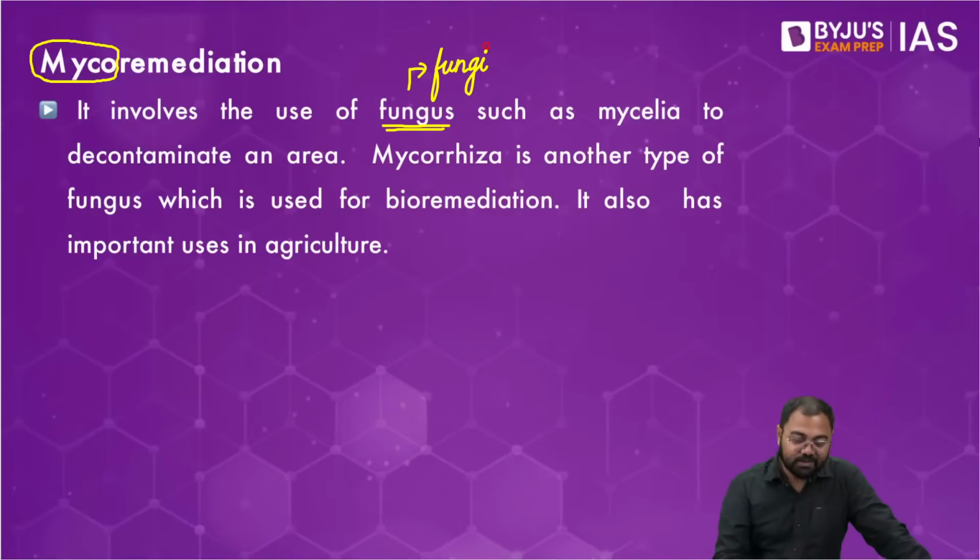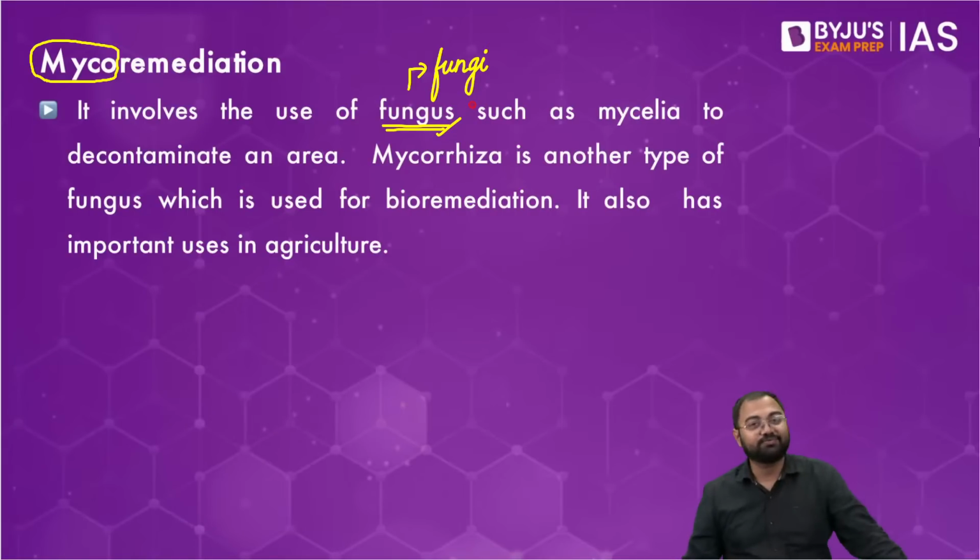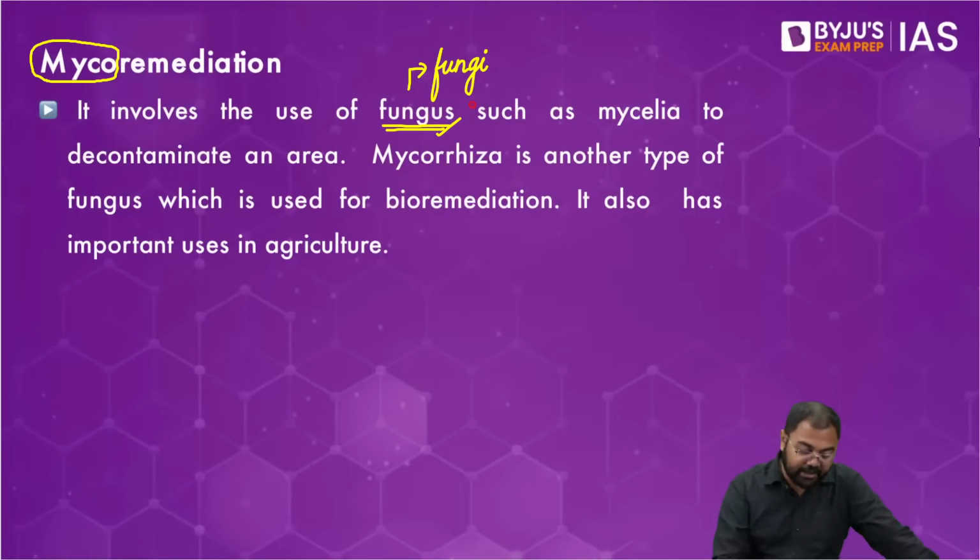So whenever we are making use of fungus for any kind of remediation technique, we say that it is mycoremediation. And we know that they are very useful, especially in agriculture, because some of them can also help in nitrogen fixation.